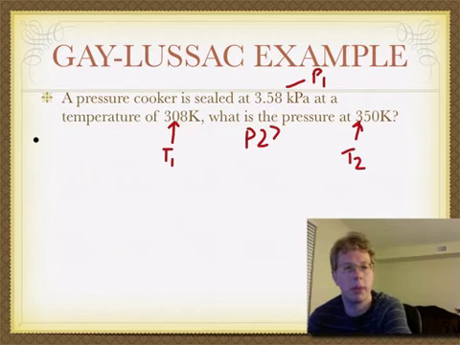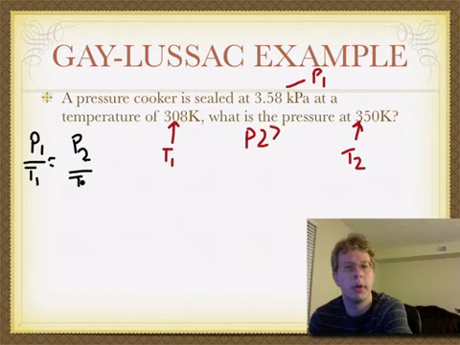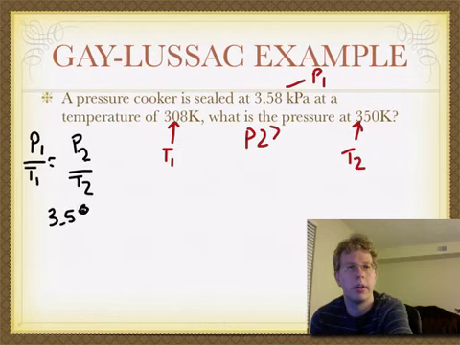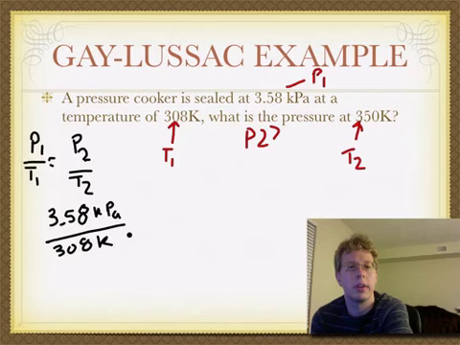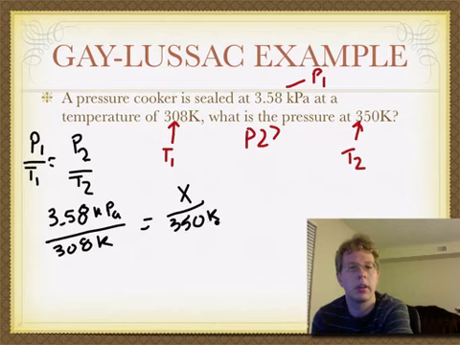And so if I copy over my formula here, we've got P1 divided by T1 equals P2 divided by T2. And I plug in what I know so far, which is that I have 3.58 kilopascals divided by 308 Kelvin is equal to an unknown pressure divided by 350 degrees Kelvin.